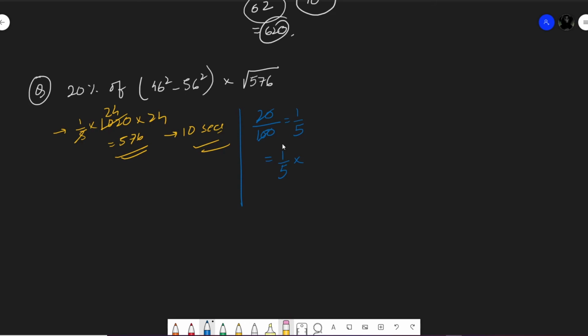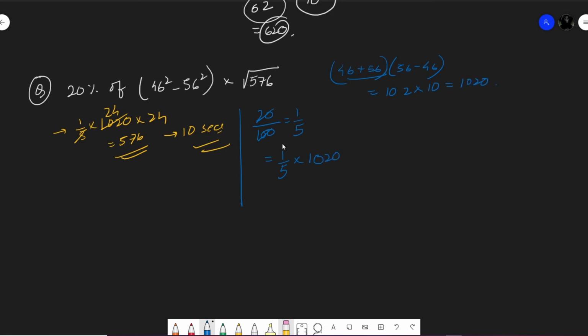Now 46 square minus 56 square. We know that it is 46 plus 56 into 46 minus 56, or you can write it as 56 minus 46. So it becomes 102 into 10 equals 1020, right?